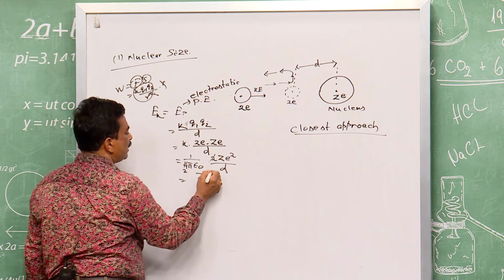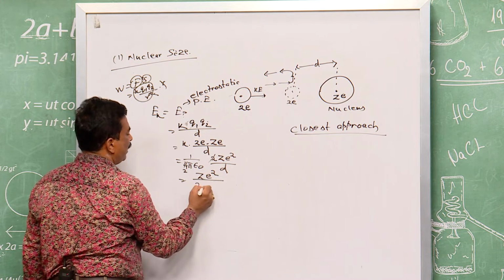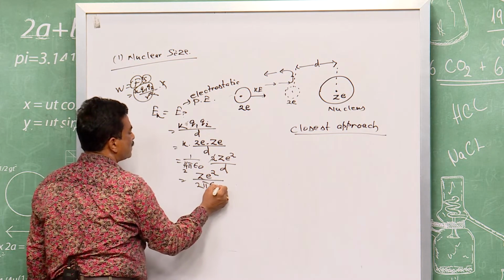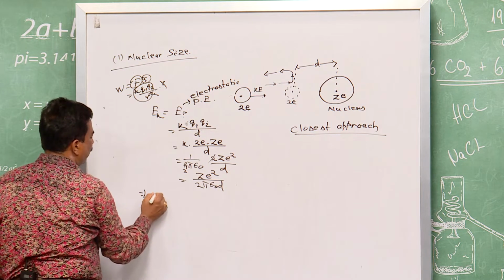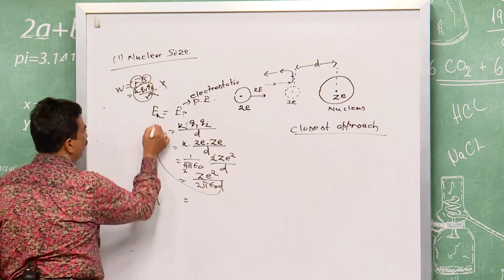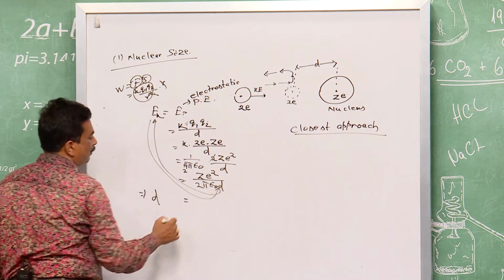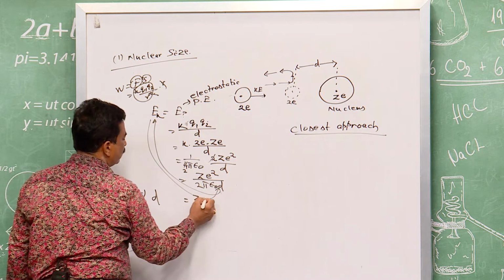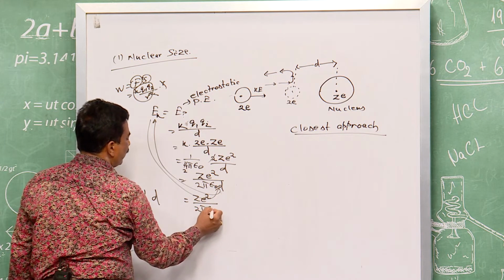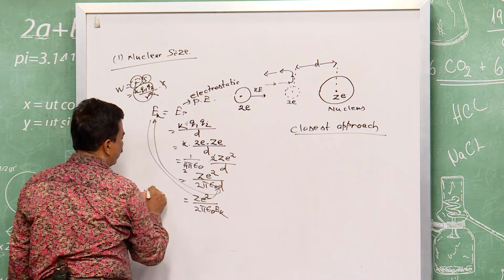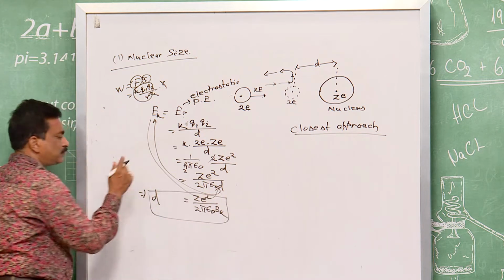This is equal to Z e square by 2 pi epsilon 0 d, and if you rearrange that, d goes there and Ek comes here. d is equal to Z e square by 2 pi epsilon 0 Ek.